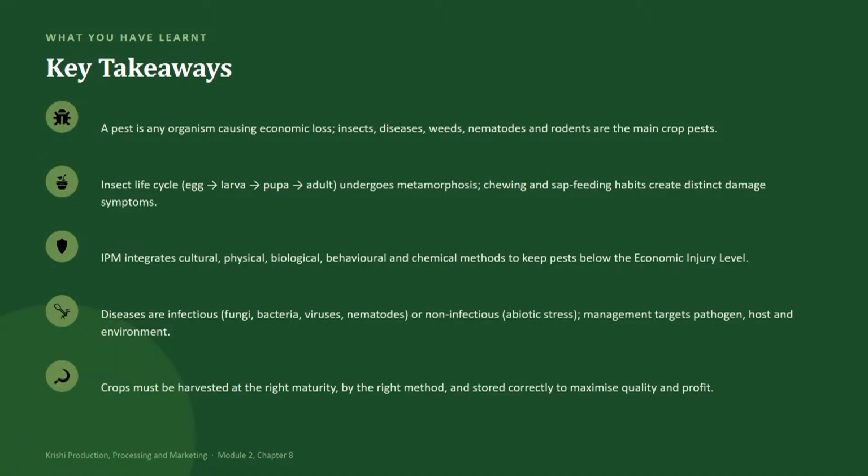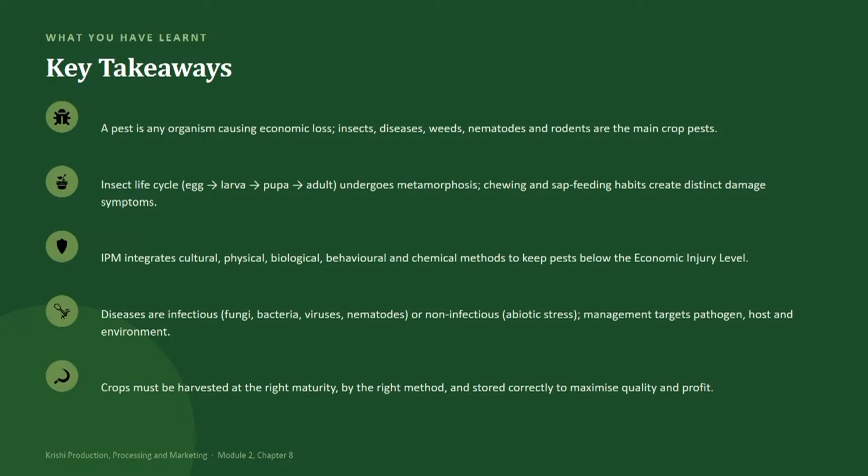So, dear learners, the key takeaways from today's class are: we have understood what a pest is and its life cycle, which goes through egg, larva, pupa, adult. Then we understood the integrated pest management strategies.